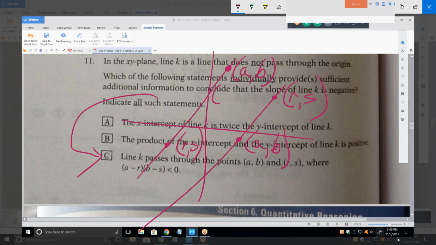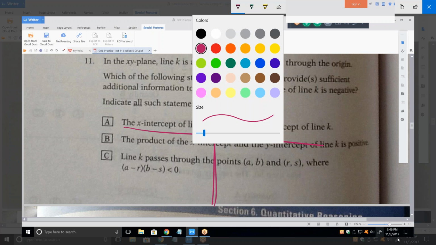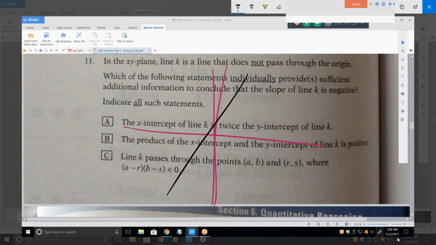If I'm doing A, the most important part is to draw slopes and try to disprove it. Excuse me, that's a negative slope. I might draw that slope right there, and notice that the x-intercept is not twice the y-intercept. Or I might draw this slope there, where the x-intercept looks about twice the y-intercept, but it really isn't.